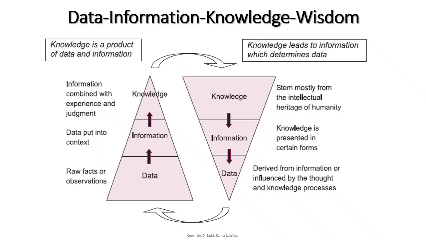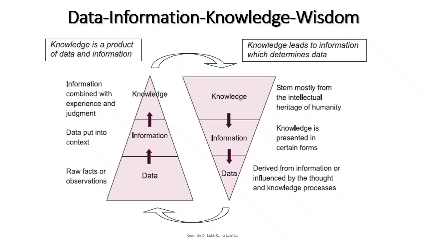So we can see there are two pyramids, and in both ways knowledge, information, and data are connected. We need to have data. From data we get information, and then information is converted to knowledge, and further this knowledge is implemented. Once it is implemented, we call it wisdom. We'll talk about that in the upcoming slide.